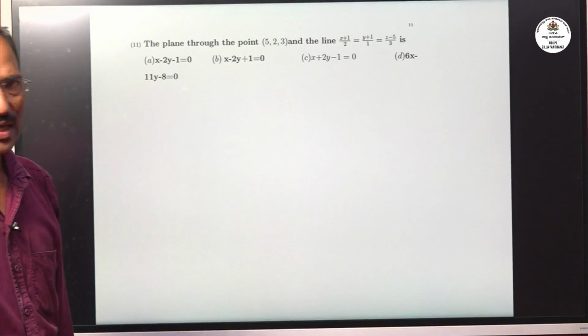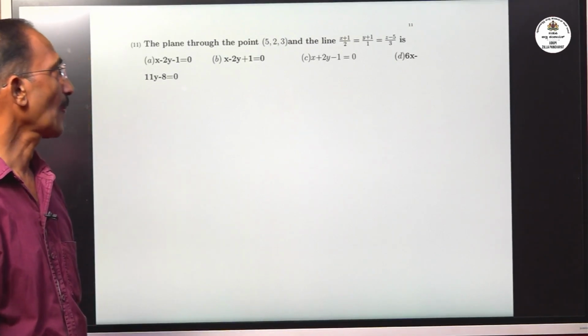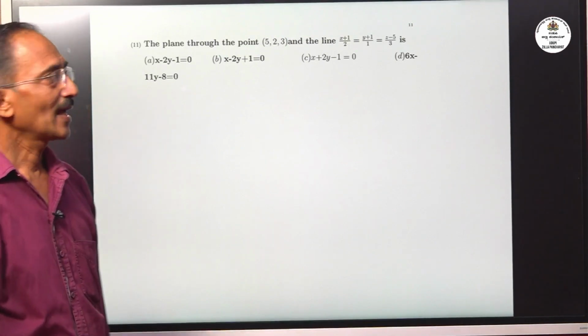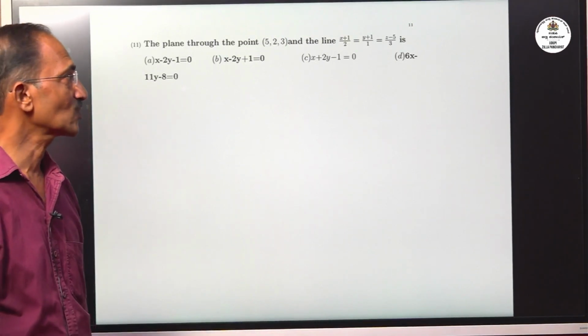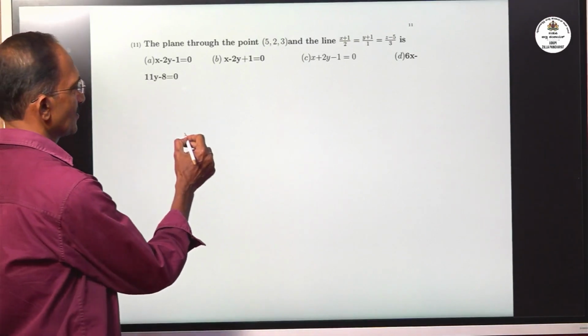So question number 11. The plane through the point 5, 2, 3 and the line (x plus 1) by 2, (y plus 1) by 1 and (z minus 5) by 3. So we have a point and a plane.